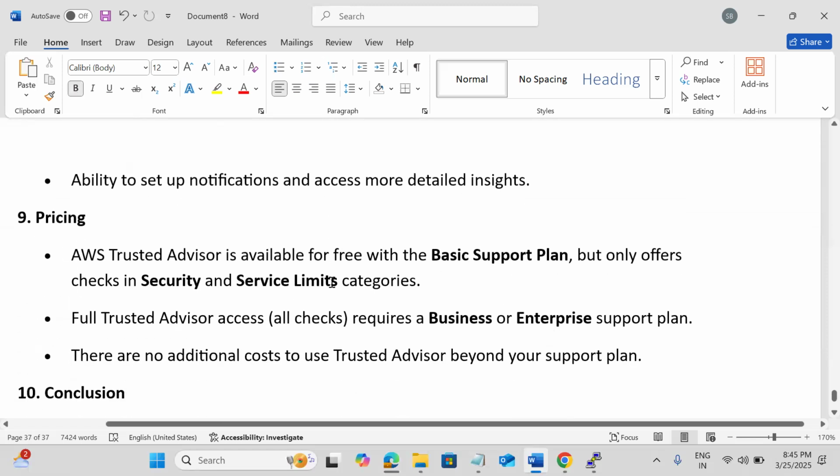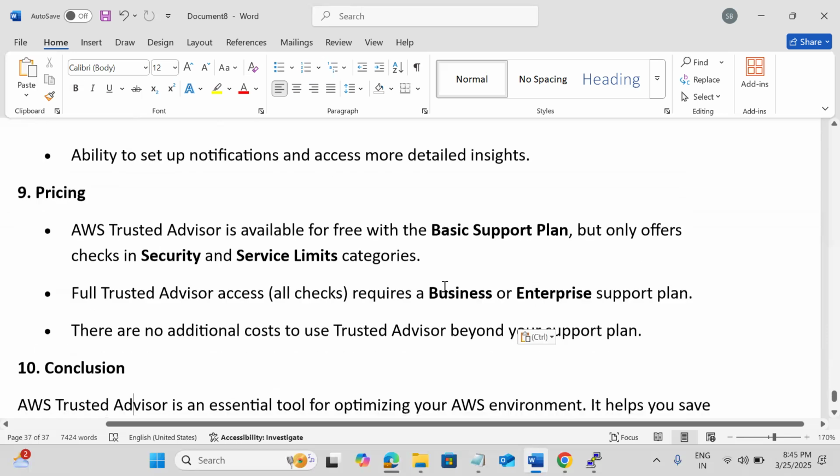In the free or basic account plan, we have only security and service limits. But for the business or enterprise account, we get all the advisors.